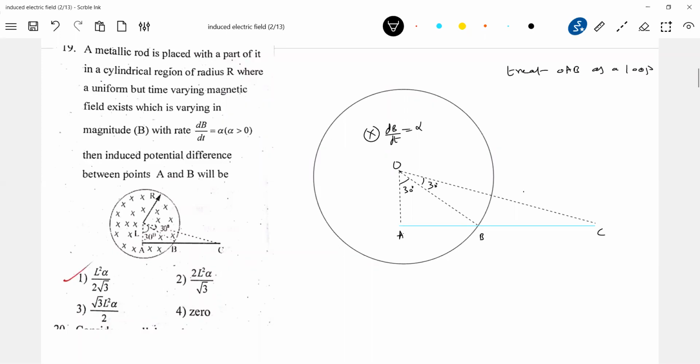Then let's calculate the flux linking the loop OAB, EOAB. So for that, what should I write? S OAB dB by dt. What is the area of that triangle? He has given length L, and R is the radius.